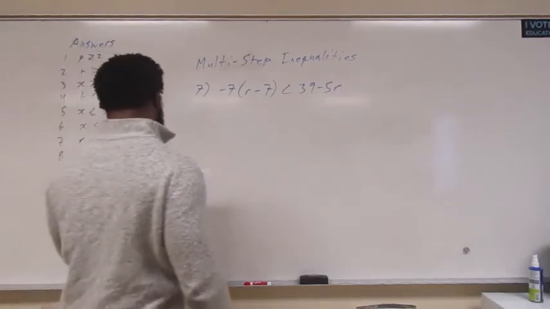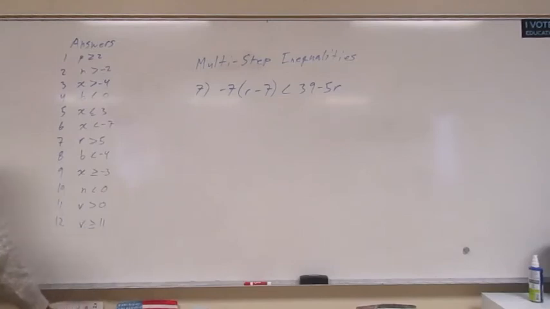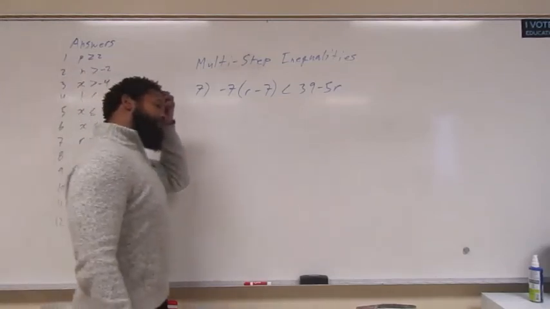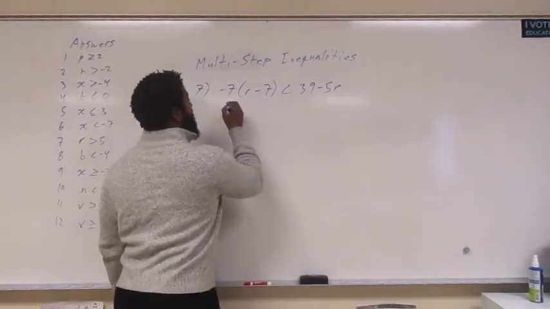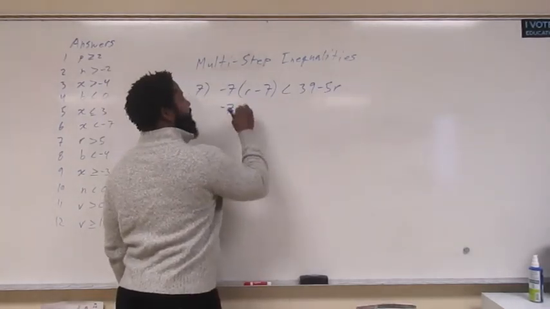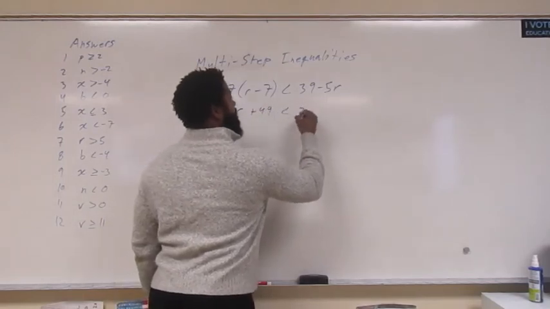Obviously, distribute first, so we have a negative 7r, plus 49. It's less than 39 minus 5r.